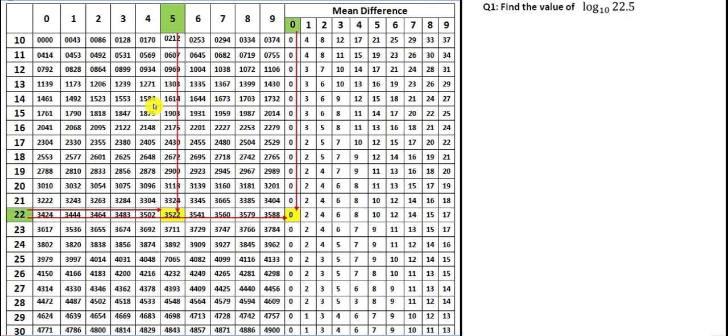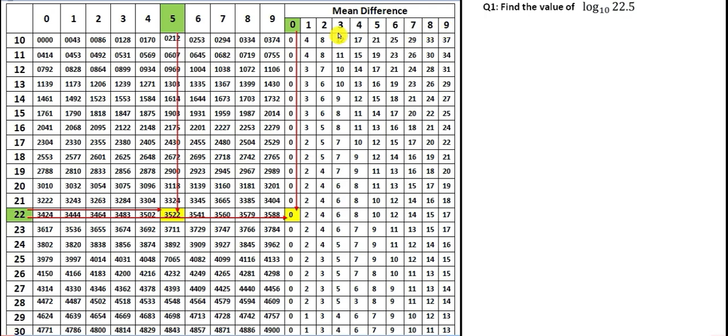These two, the first column and the first row, are the reference column and reference row. Here you will find the numbers from 10 to 99, and here you will find 10 columns from 0 to 9, and another part from here to here, 0 to 9, again 10 columns.